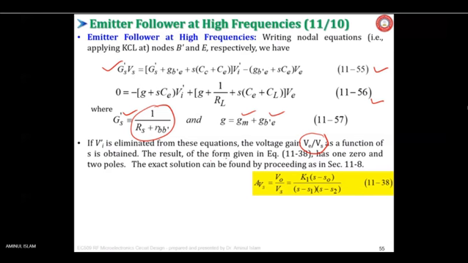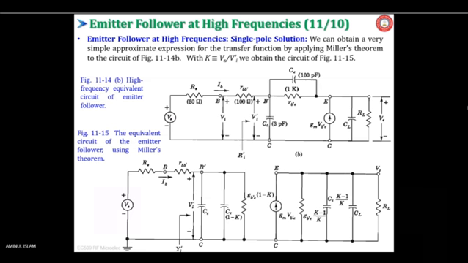The result of the form given in this equation has 1 zero and 2 poles. That is also discussed in the last class. If the gain equation is coming in this form, then 1 zero and 2 poles are there.